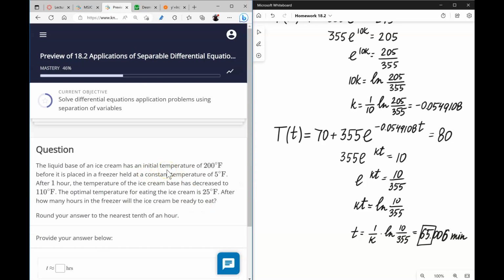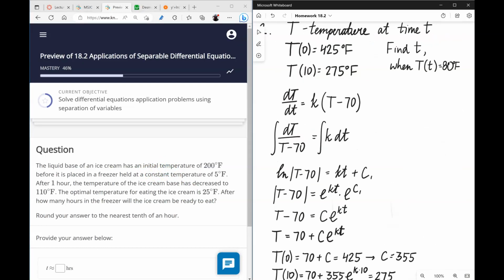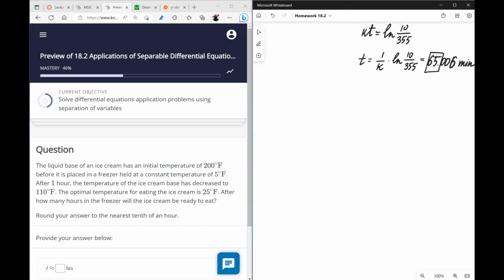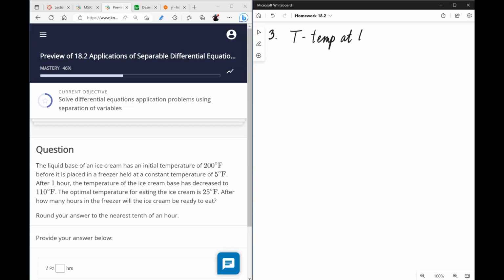All right, looks like we have another Newton's law of cooling. So hopefully this time it will go faster. Problem number 3. We have initial temperature 200 degrees. Again, T stands for the temperature at time t. T is in hours, and as I'm reading, I'm going to summarize it. So T of 0 is 200.